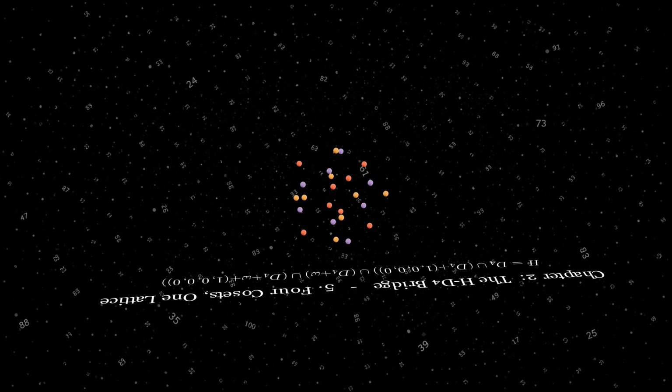And notice what has happened. The distinction between integers and half-integers gives us one division. Parity gives us another. Together they produce four classes. We can visualize the structure as a four-way decomposition. H is equal to the union of four classes: D4, D4 plus (1, 0, 0, 0), D4 plus omega, and D4 plus omega plus (1, 0, 0, 0).